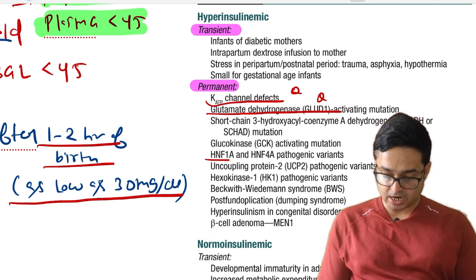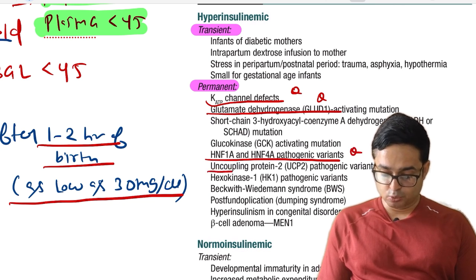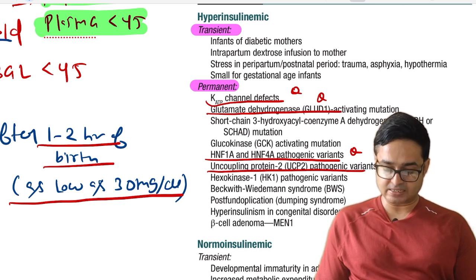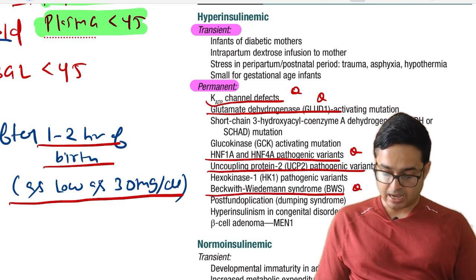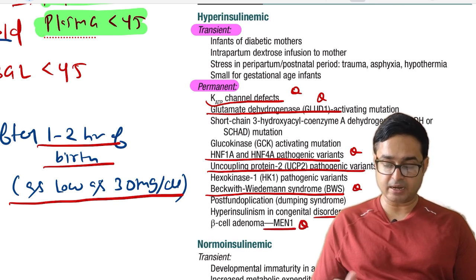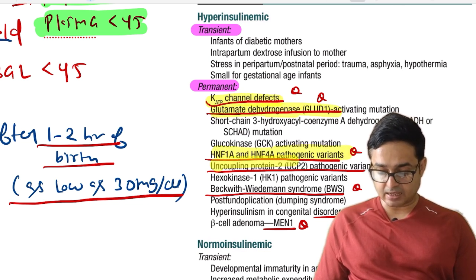HNF1A or HNF4A pathogenic variant, uncoupling protein 2 UCP2 pathogenic variant, along with some syndromes associated with neonatal hypoglycemia, that is Beckwith-Wiedemann syndrome, hyperinsulinemia in congenital disorder of glycosylation and MAN1. At least in permanent causes, you have to remember these because these are important, and some of these are actually asked in exams, others are potential MCQs.